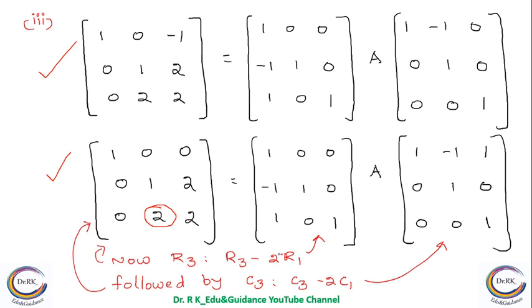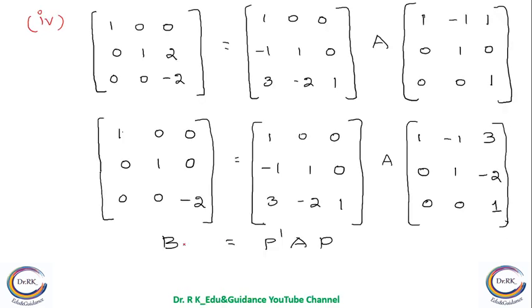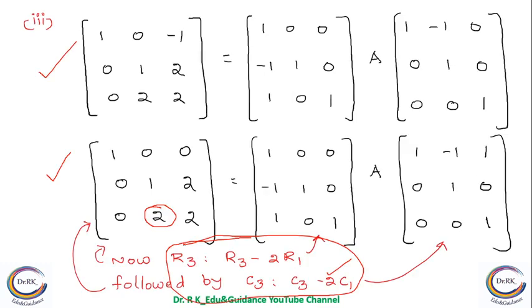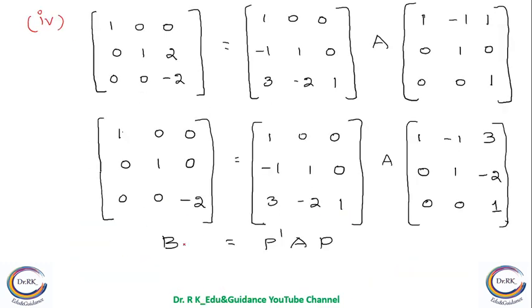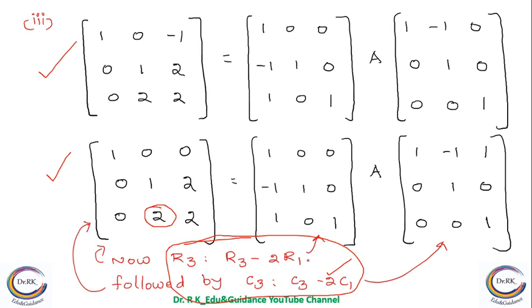This is the operation, and a similar column operation. I think we need to validate these two operations. R3 is R3 minus 2R2.